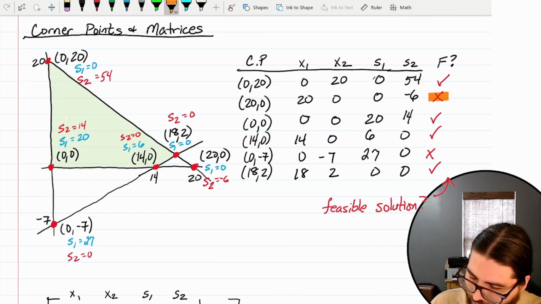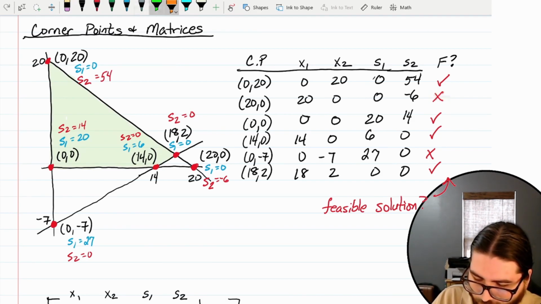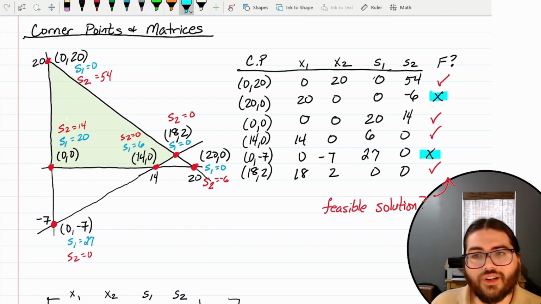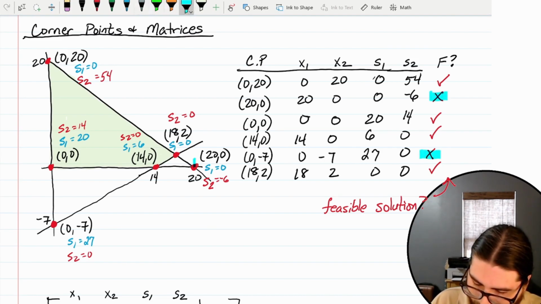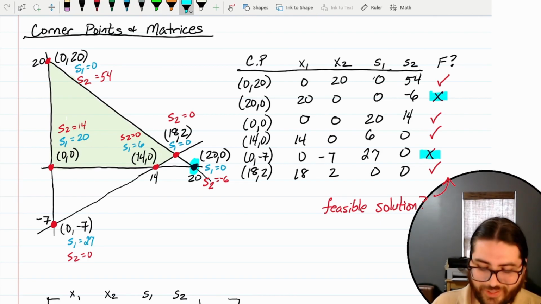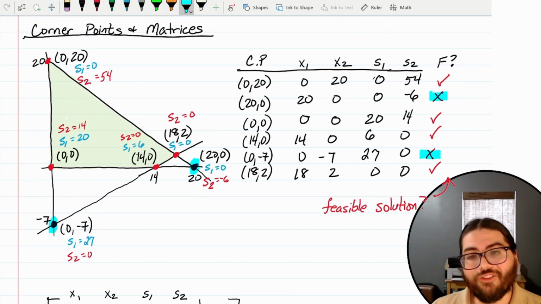The non-feasible solutions are 20, 0, that's this one, and 0, -7, this one. Do you see how non-feasible solutions are going to be the solutions which do not touch my shaded corner region? So this is a way that we're not going to have to draw the picture.